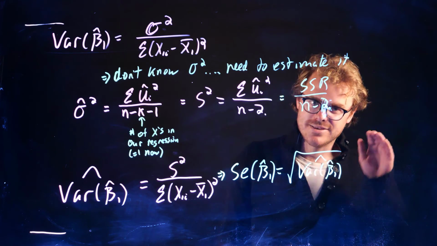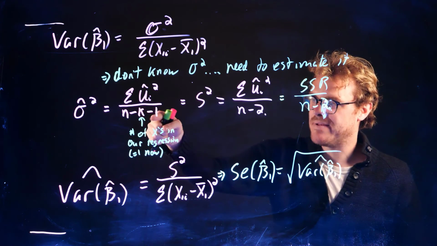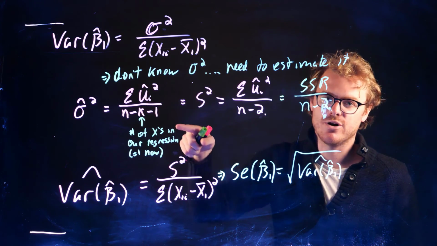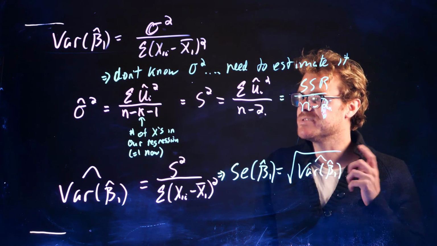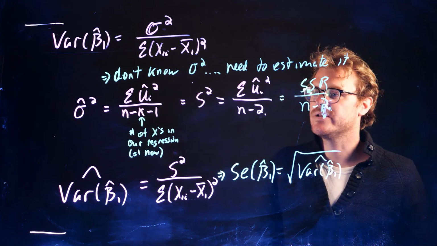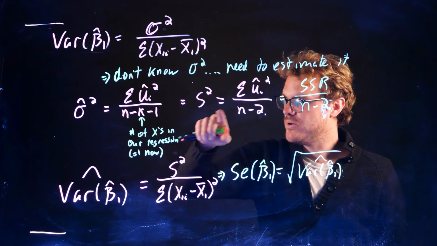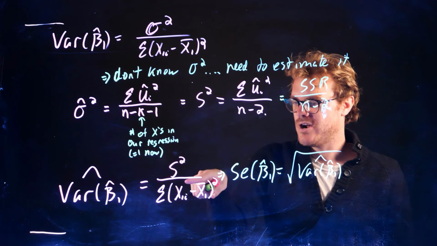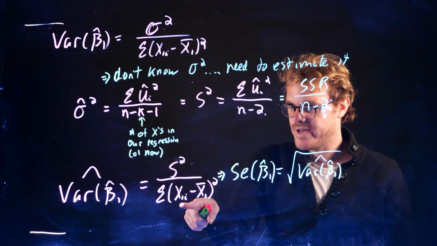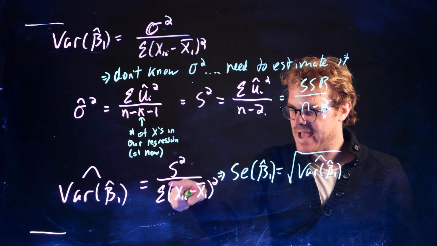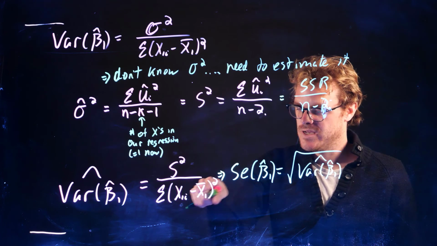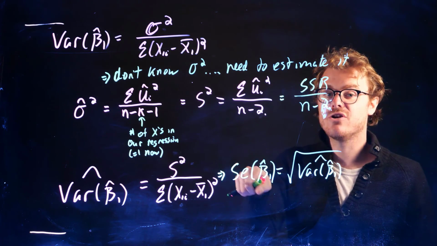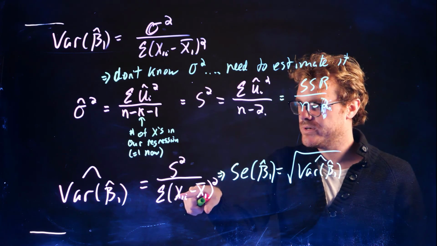There's a bias otherwise, so we have to subtract 2 instead of just having it over n like we did before. We're using up some information, basically. And so our estimated variance, the hat, is our SSR over the sample variation in x, or this expression here. Oftentimes in hypothesis testing about one parameter, we're going to be using the standard error, which is just the square root of this.